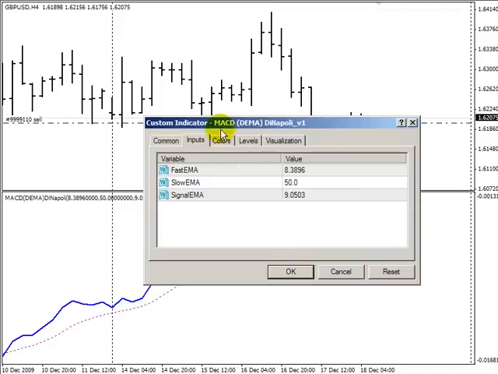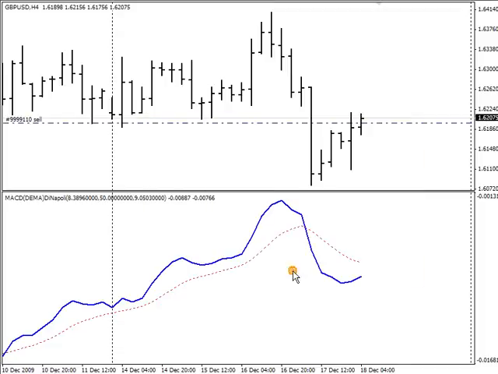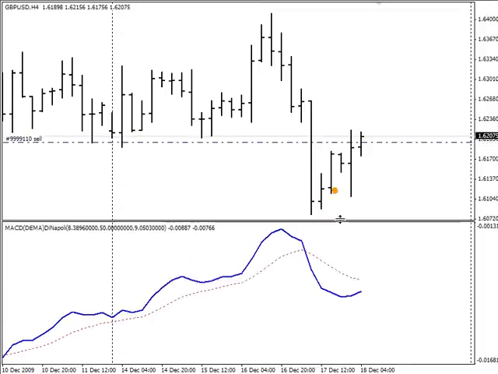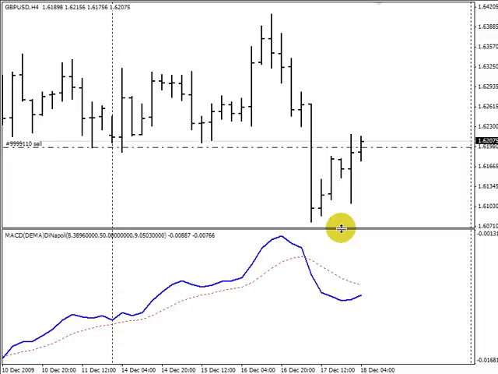It is a MACD DMA, the Napoli V1. I'm going to be making this one available to you absolutely free of charge. And this is the first thing that you look at every time you're going to start looking at taking a trade. The first thing you pull up is this chart here.